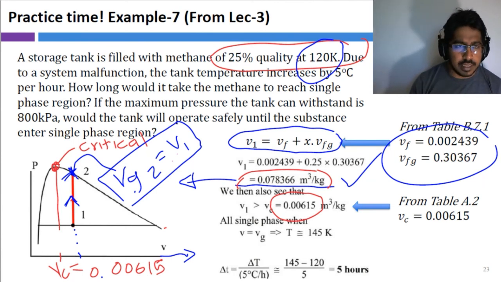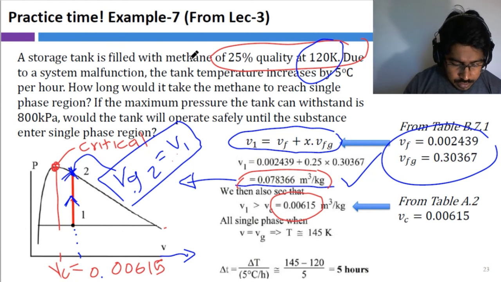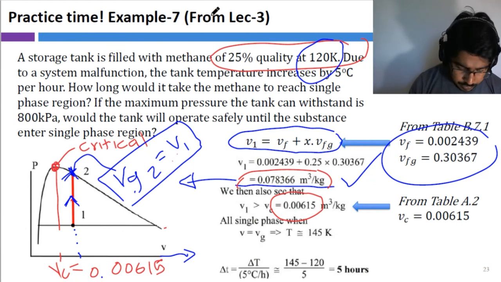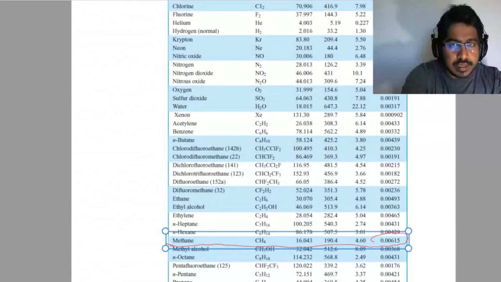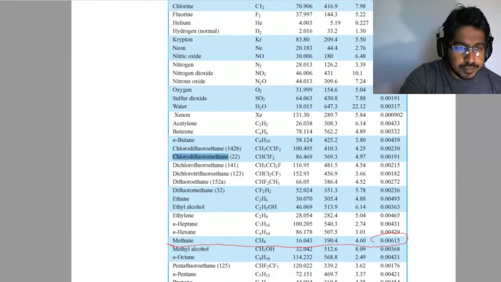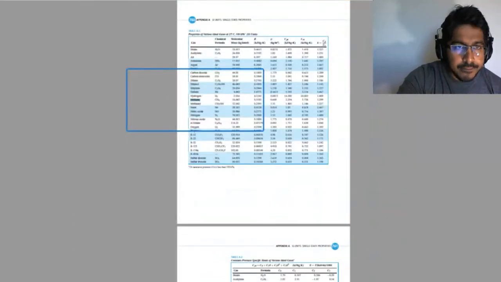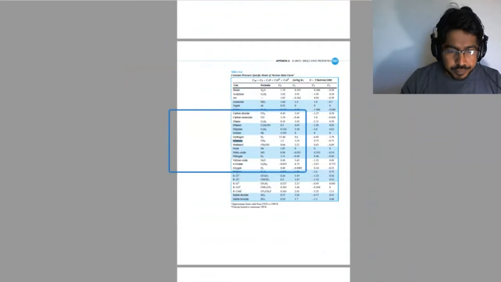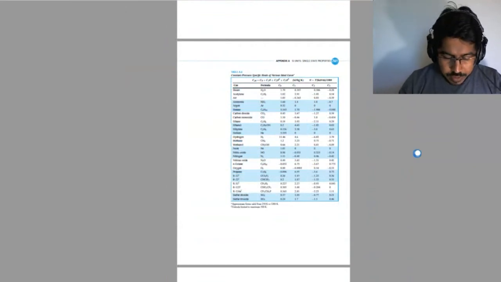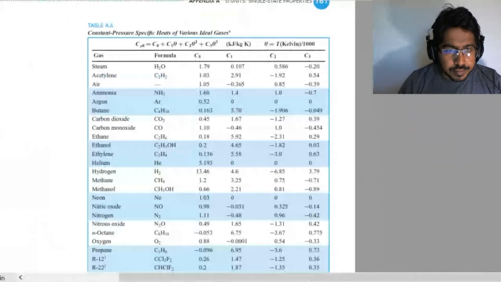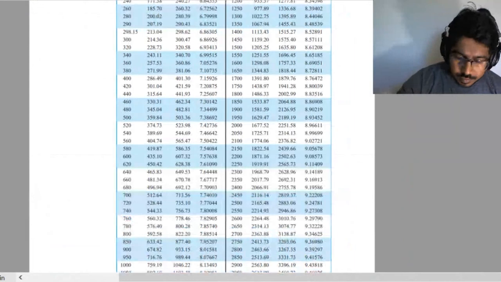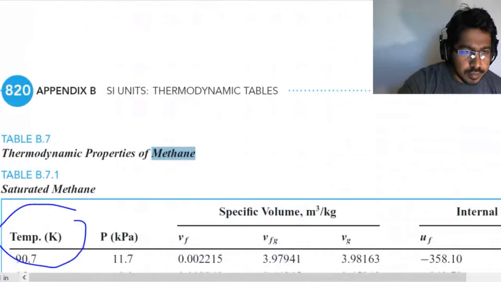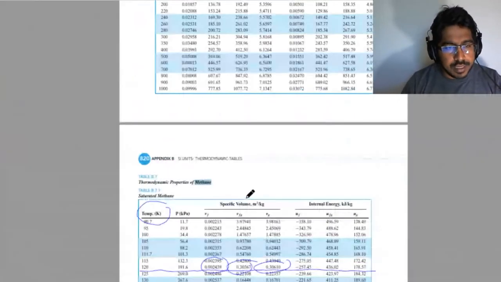So our substance of interest is methane. Now we'll go to the property tables and find methane. Thermodynamic properties of methane.